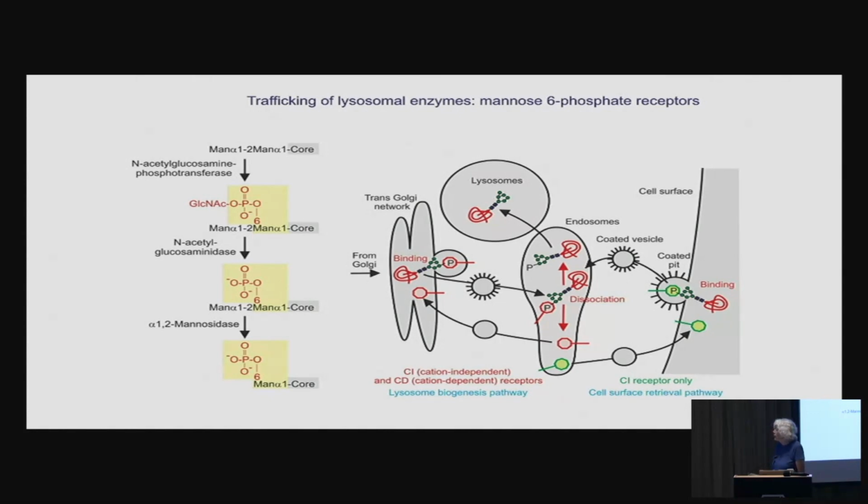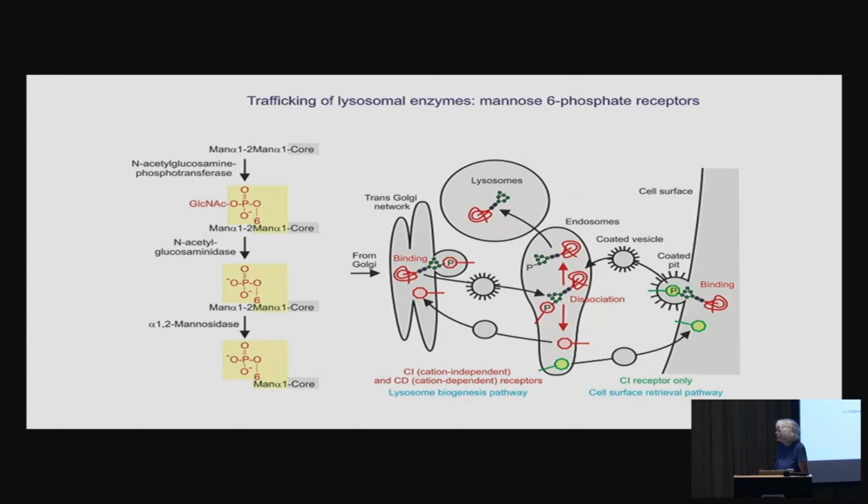And so they bind the lysosomal enzyme in the trans Golgi network and traffic them to endosomes and then to lysosomes. And so there are two different receptors that do this. One just cycles between the trans Golgi network and the endosome.